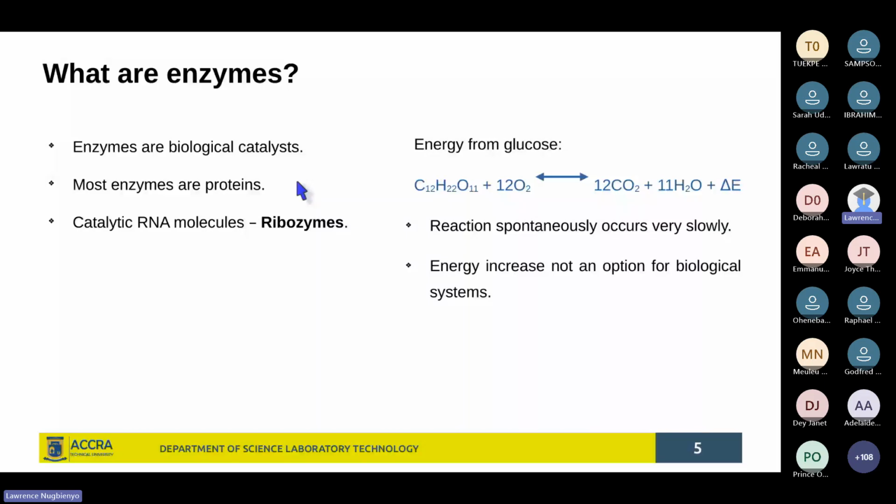And even though it was concluded that enzymes were proteins, it is now well known that most enzymes are proteins, but not all enzymes are proteins. You actually do have some ribonucleic acids, RNAs, which we refer to as ribozymes. These are also biological catalysts.